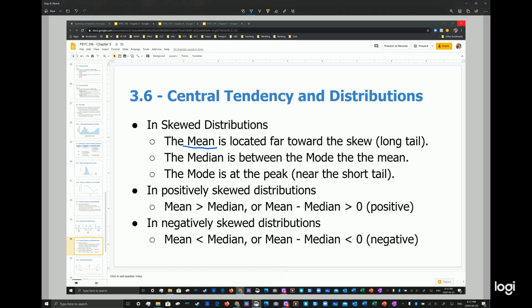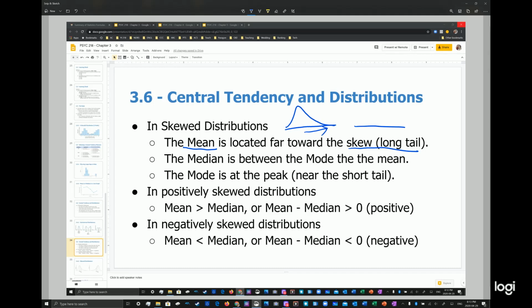Anyway, the mean is pulled or moves towards the skew, towards the tail when there's an extreme value. When the distribution is skewed, the mean always moves towards the skew. So if it was a positive skew, the mean would move to the right. If there's a negative skew, the mean would move to the left.